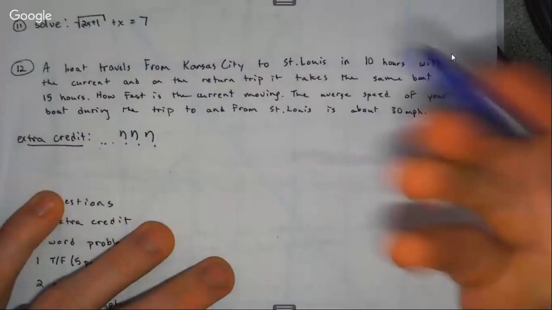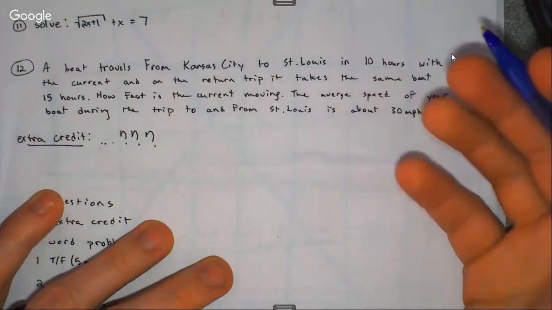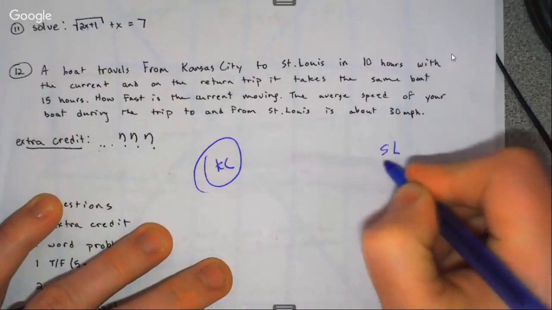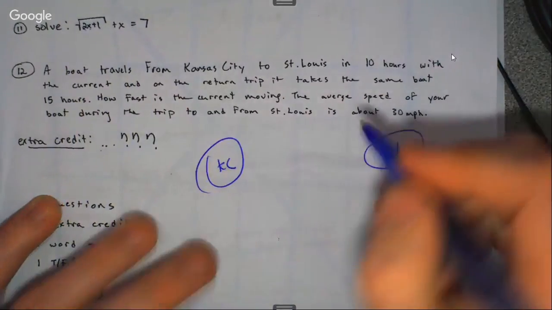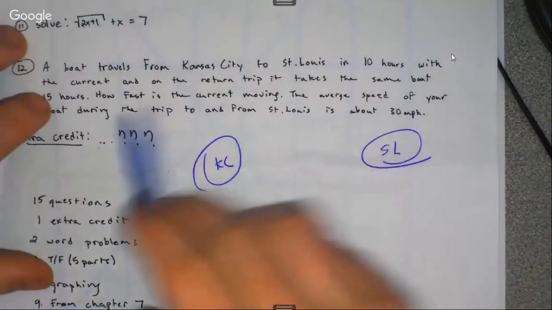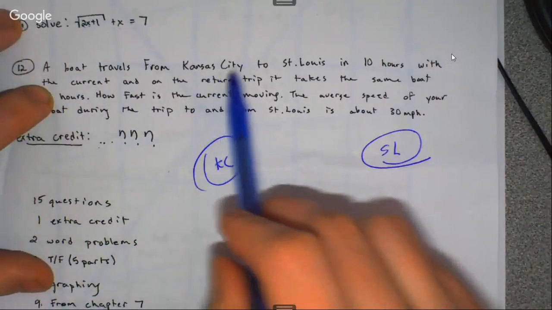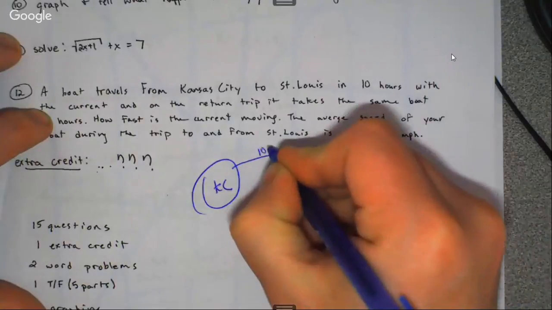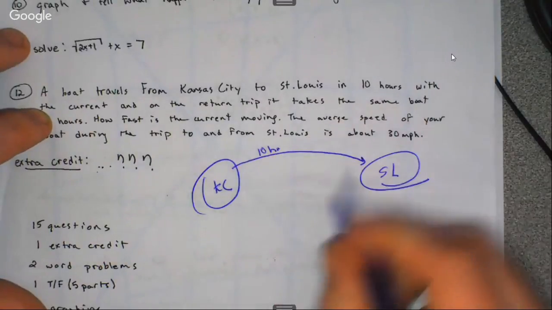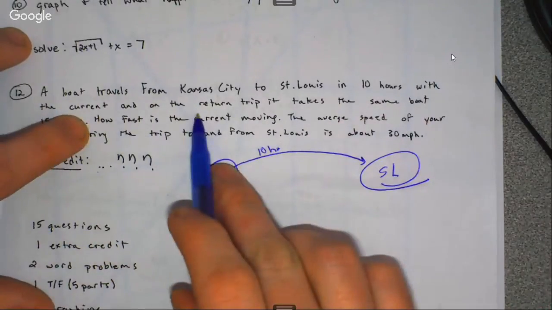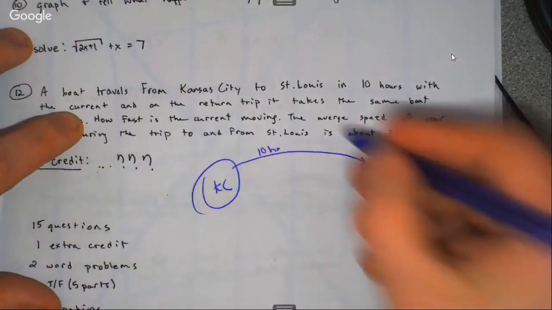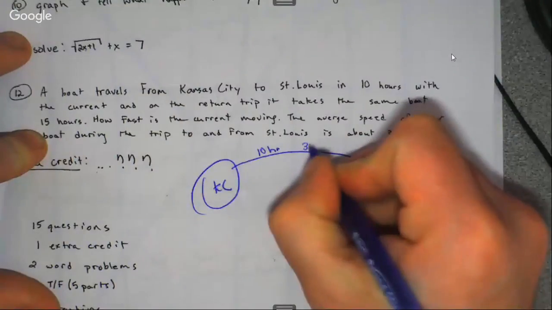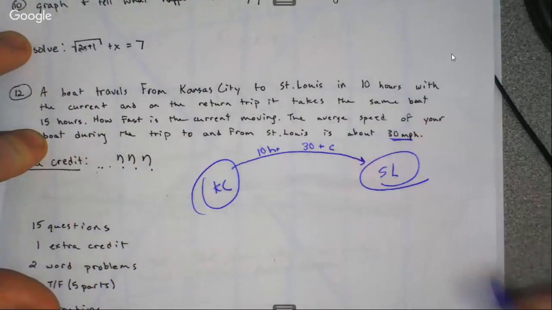Okay, so word problems, we like to draw pictures. So we have Kansas City and we have St. Louis. Okay, the boat, it says a boat travels from Kansas City to St. Louis in 10 hours with the current. So it's going a speed of about 30 miles an hour plus the current. Okay.